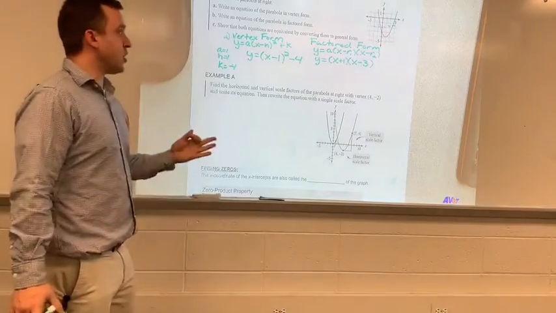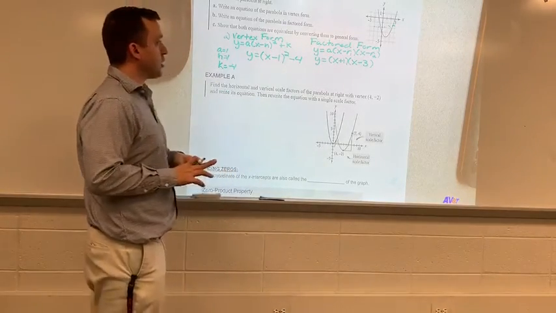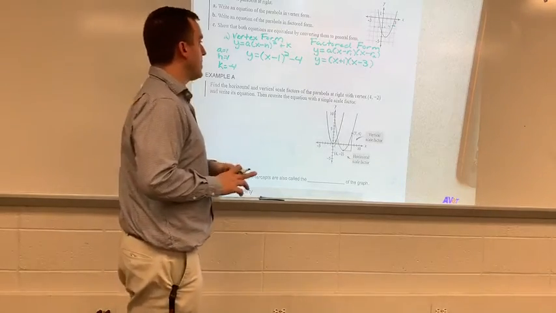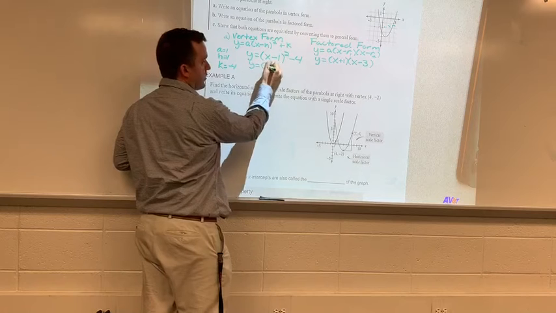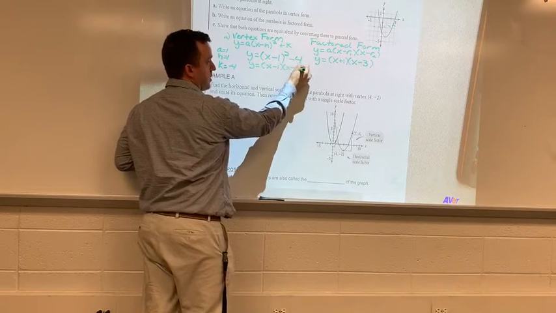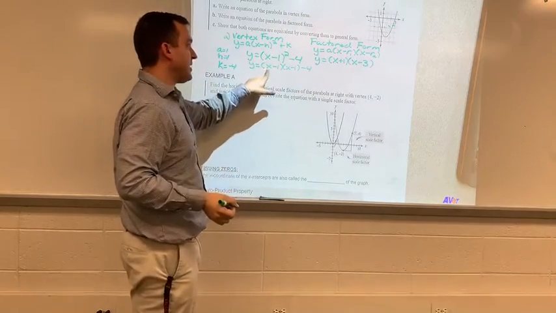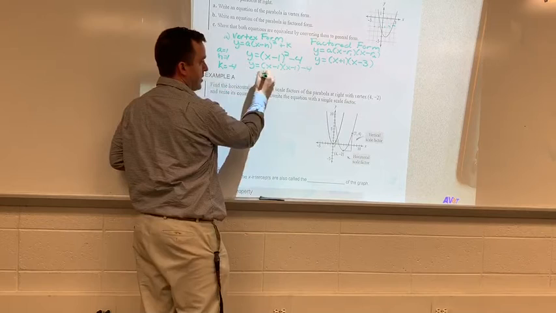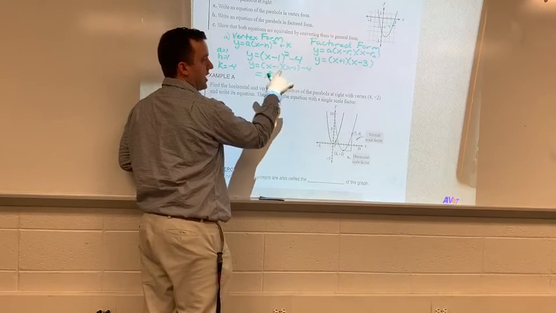Now we need to show that both of these are equivalent and show an equivalent form of general form. So here, if I have x minus 1 squared, I'm going to have y equals x minus 1 times x minus 1, and then minus 4. And then I start expanding. X times x is x squared. X times negative 1 is minus 1x.